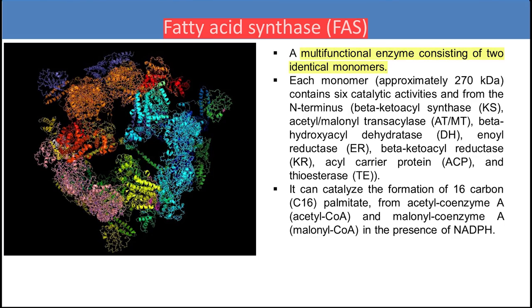Each monomer is over 270 kilodaltons, and there are many catalytic sites and activities in this complex. Its main job, in the cytosol of adipocytes or the liver, is to produce the 16-carbon long-chain palmitate from acetyl coenzyme A as a starting point.